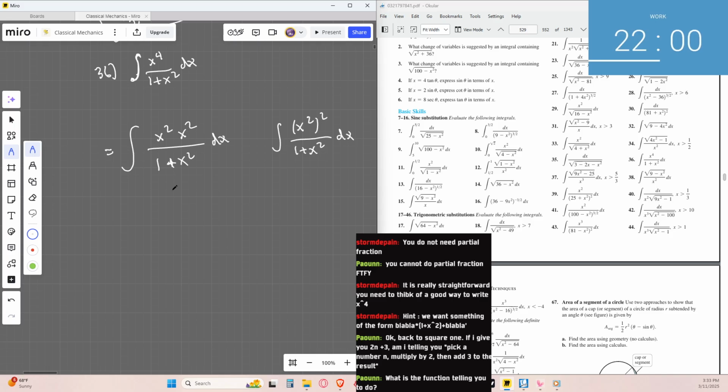2n plus 3, am I telling you to pick a number, multiply by 2, and then add 3 to the result? What is the function telling you to do? I mean, it's telling you to multiply a number with 2 plus 3.